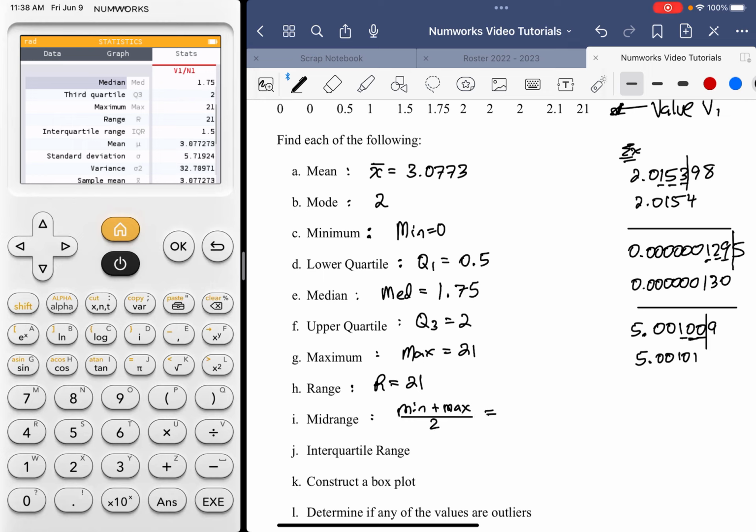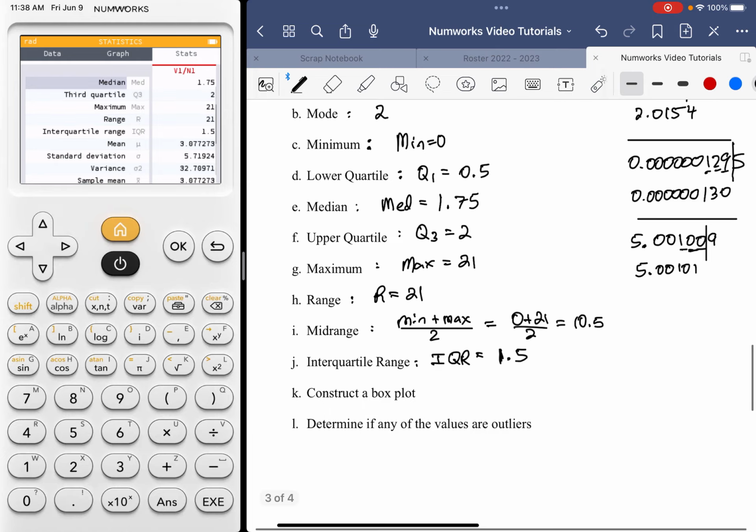All right, so 0 plus 21 over 2 is 10.5. Interquartile range, that's something they do tell us. Oops, IQR. 1.5.